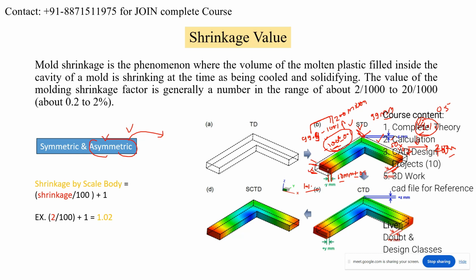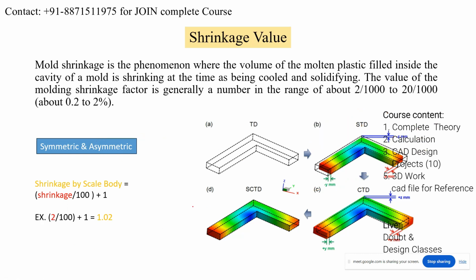This is the simple component, you can say that, in which you will get only 3 dimensions, right? But for example, if you have a specific component in which you will get 100 or 120 or 150 dimensions in a single part, this is just an example. If you are giving the shrinkage by scaling the body, what is the way of that? See here, shrinkage divided by 100 plus 1.